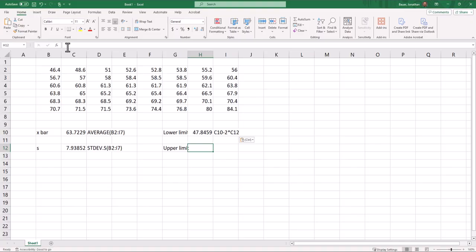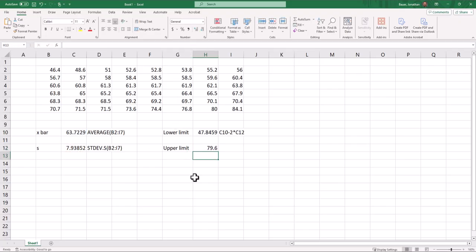And then the upper limit is going to be the mean plus 2 times the standard deviation. That's a little bit more readable here. So my outliers are going to be numbers lower than this or higher than this.